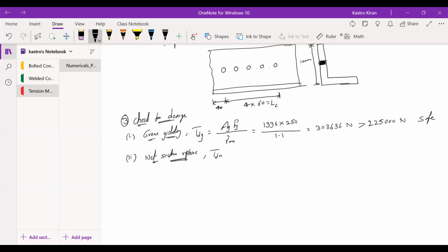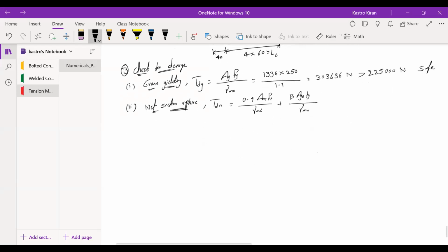This TDN formula is 0.9 ANC into Fu by gamma m1, plus beta into AG naught into Fy by gamma m naught. Now here we need to know the values of ANC and AG naught.